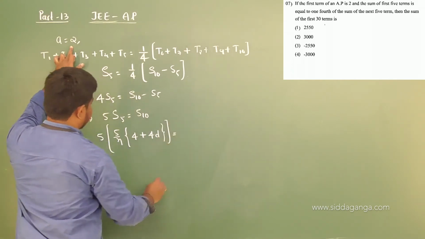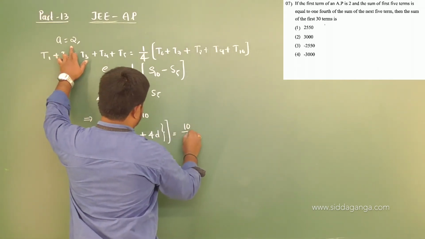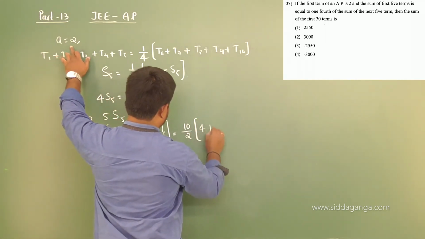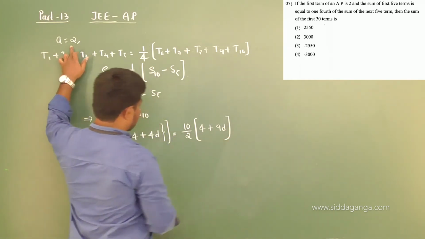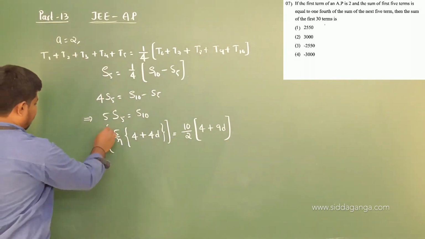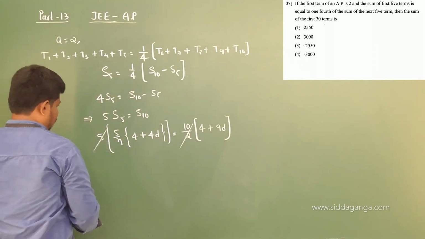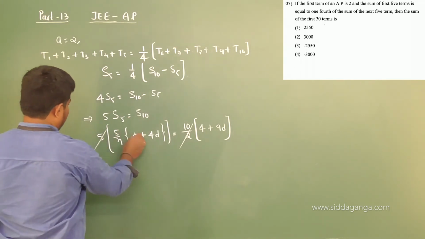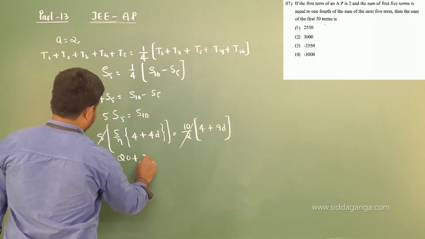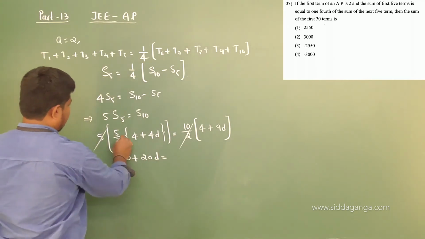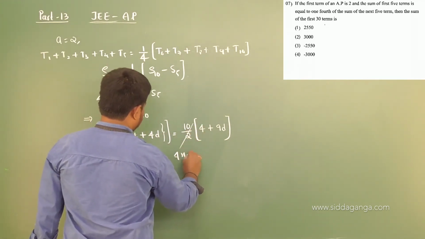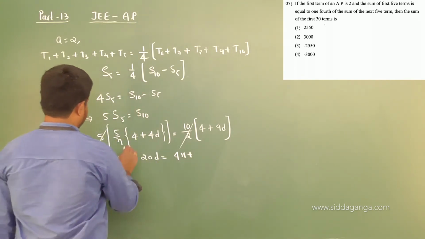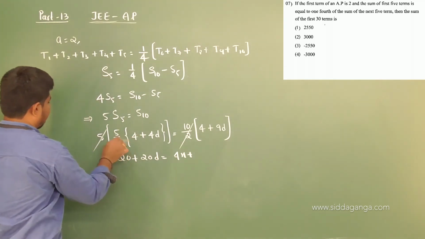That is equal to S10, that is n by 2 into (2a plus (n minus 1)d), with n as 10, so 2a is 4 plus 9d. So here the 5 gets cancelled. What is remaining? 5 fours are 20 plus 20d is equal to n into this 4 plus 9d, with n by 2.